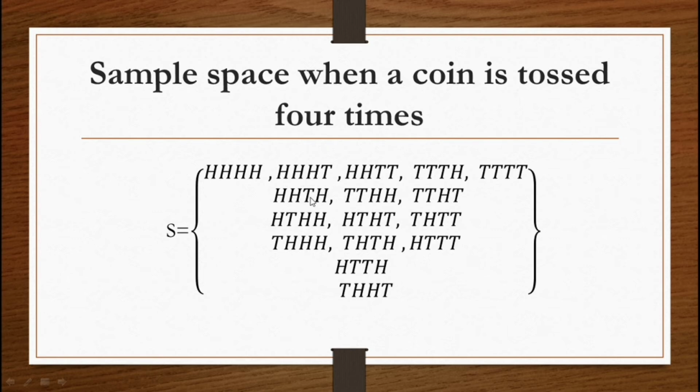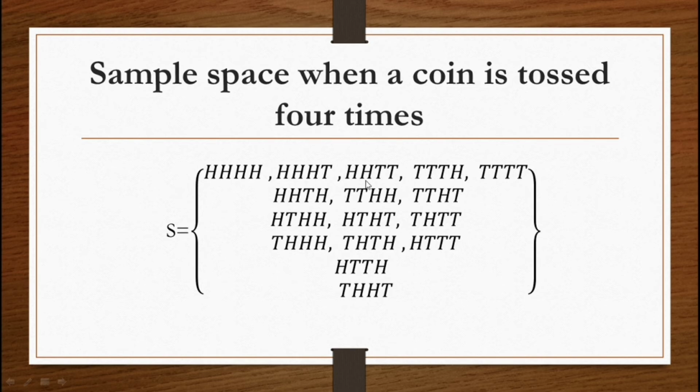Now change the order: tail is at the last place, tail is at second place and tail is at first place. These are the cases in which we have three heads and one tail. Now next, three tails and one head. Change the order: head is at the last place, head is at second place and head is at first place. These are the possibilities in which there are three tails and one head.